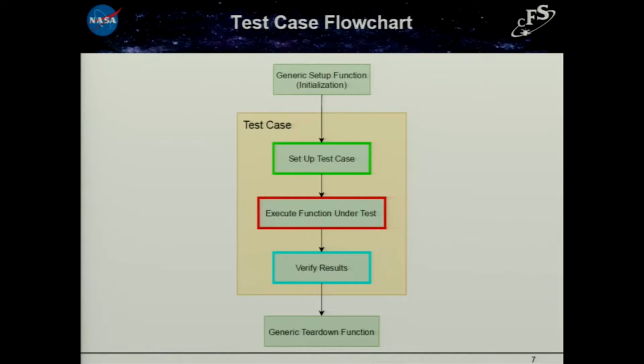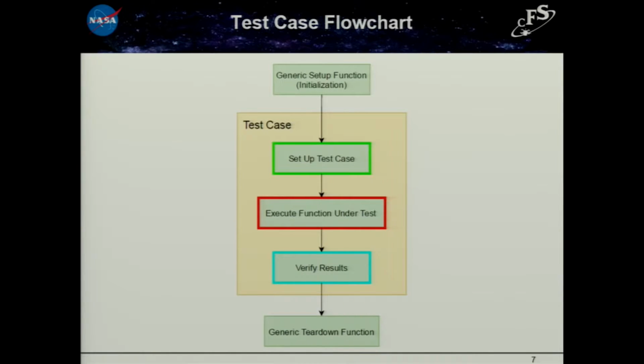So then within the test case itself, this will be one function that you write within this yellow box. You set up any variables or sub-function values or hook functions. You set them all up in the beginning of the function.